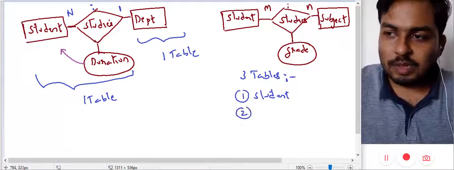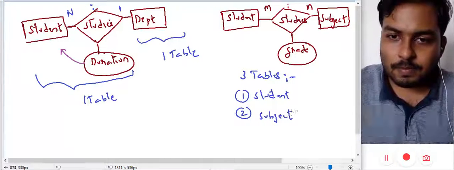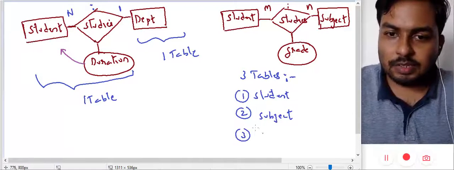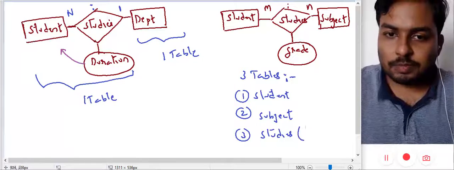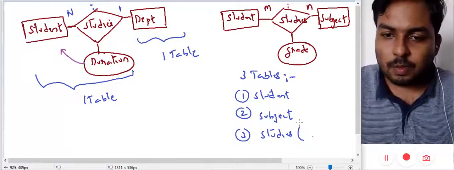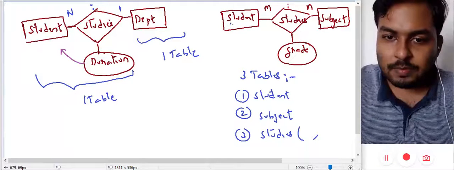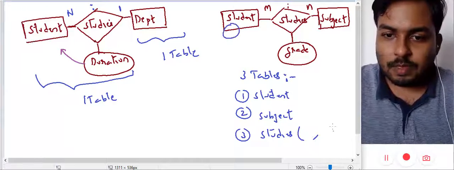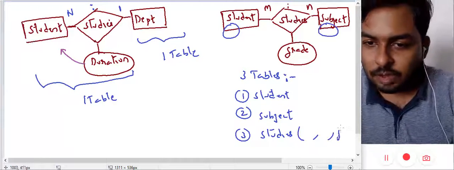One table is subject. And the third one is studies. Studies will have three columns. One column will be the key attribute of the student table, one column will be the key attribute of the subject table, and one column will be grade.